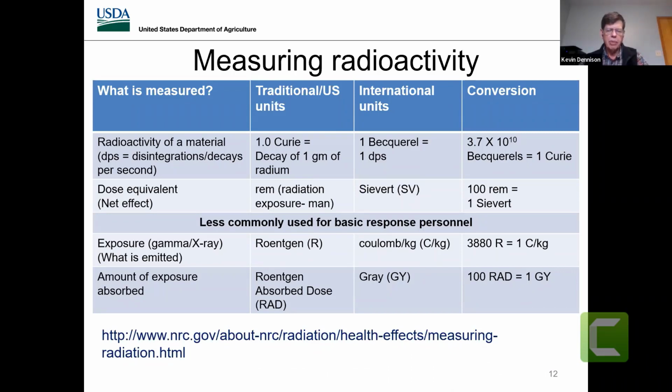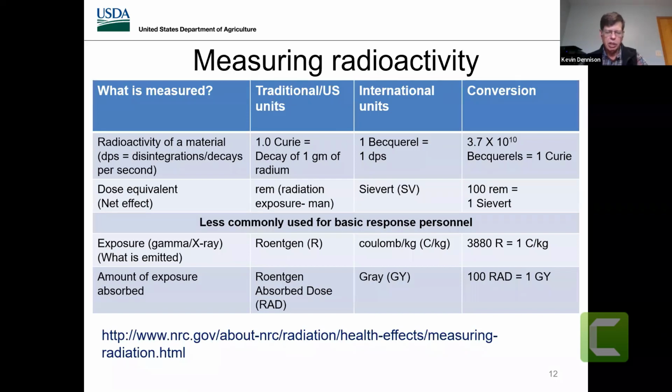And so I hope you can see that there could be some real challenges with communicating radiation units. If one person is talking picocuries, which is a trillionth of a Curie, and another person is thinking becquerels, you're off by 3.7. If you're talking Curies versus becquerels, you're off by a factor of 37 billion.